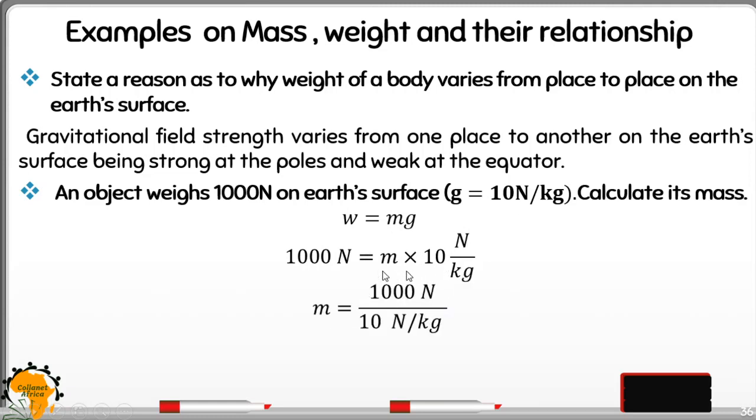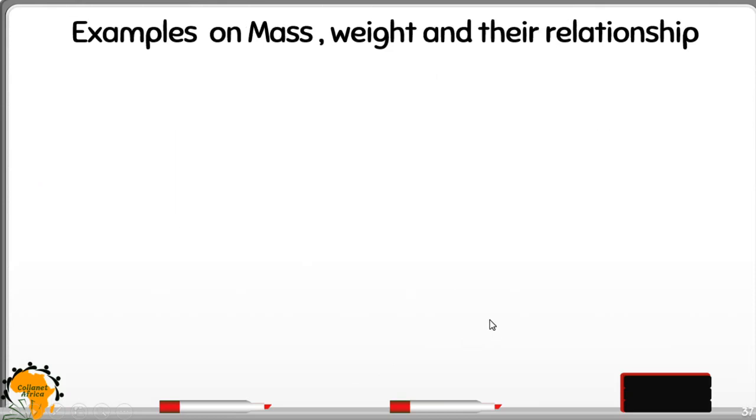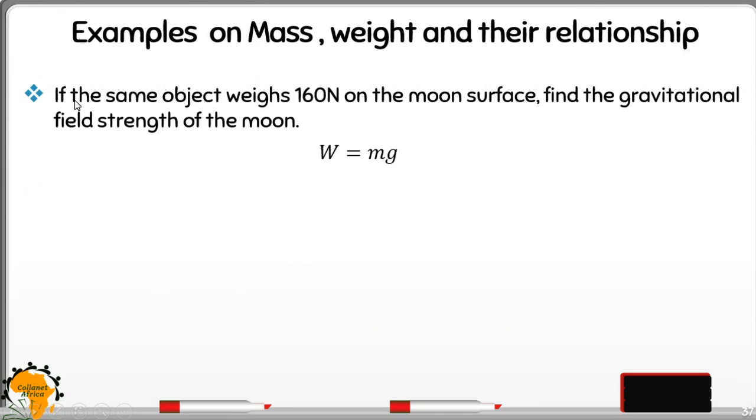So by dividing, remember we want to get m, so we divide. The Newton and Newton will cancel, 0 and 0 will cancel, you are left with 100 kg. So the mass is 100 kg.